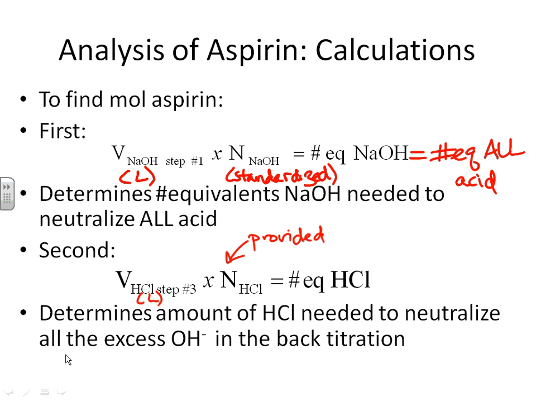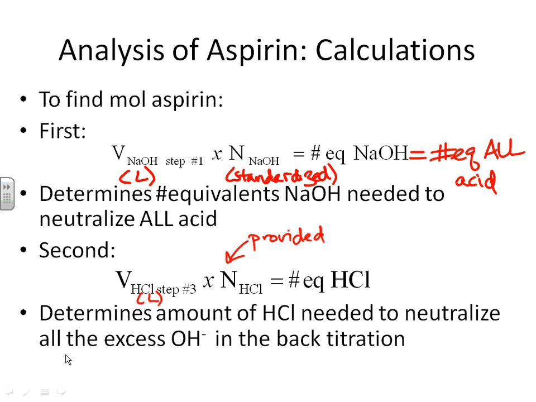If you multiply the volume times the normality, that's going to give you the equivalents of the hydrochloric acid. Well, why is that significant? Why do we need the number of equivalents of the hydrochloric acid? The number of equivalents of the hydrochloric acid tells you how much excess sodium hydroxide you had, because this is reacting, this is the H plus OH minus makes H2O.